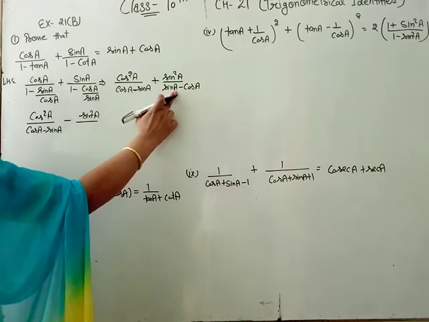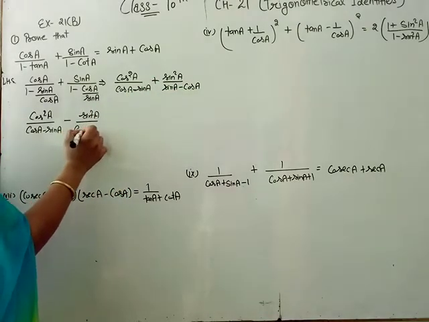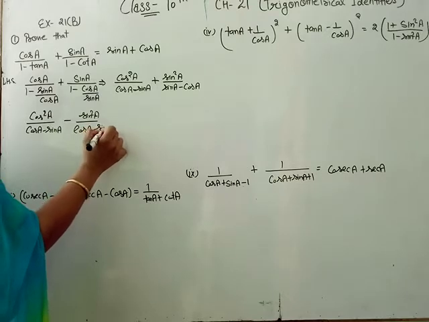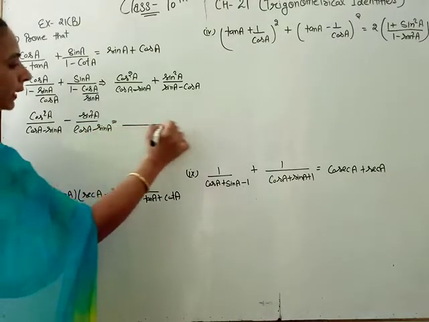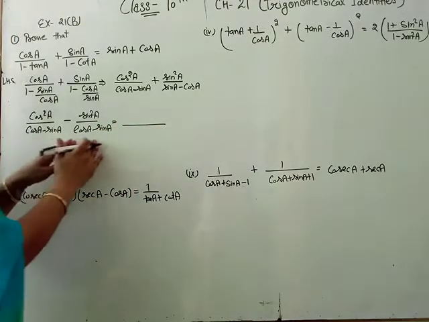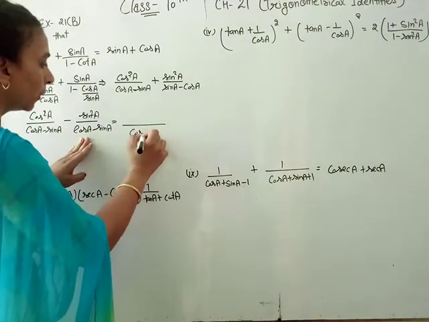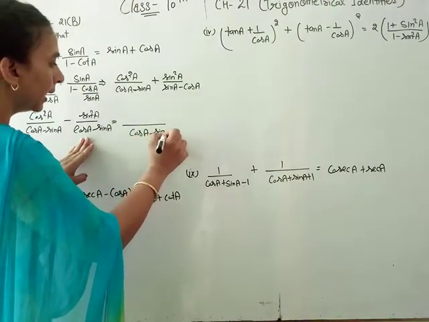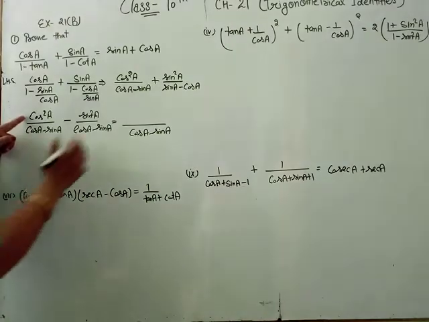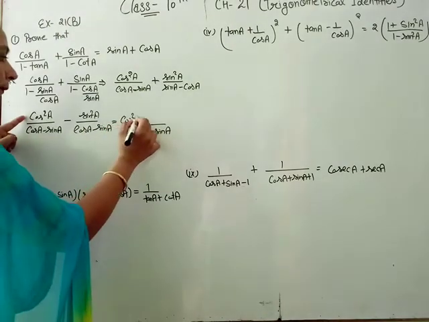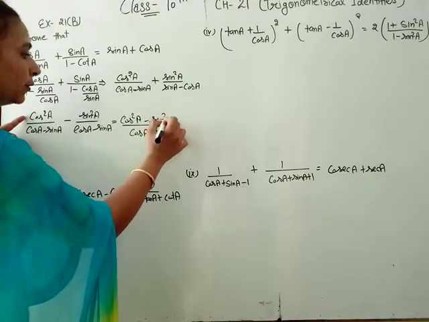Then we take the LCM, cos A minus sin A, and in the numerator there is cos square A minus sin square A.